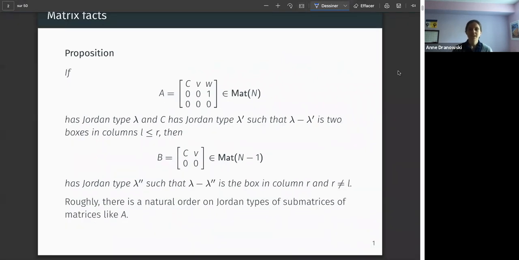Okay, so I want to start with a fact about matrices in the middle of nowhere, sort of.